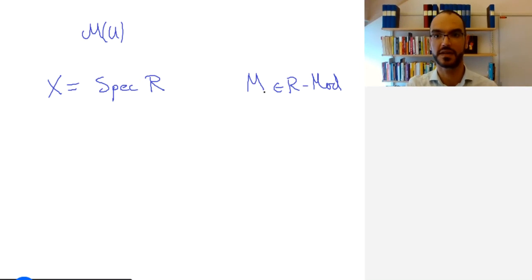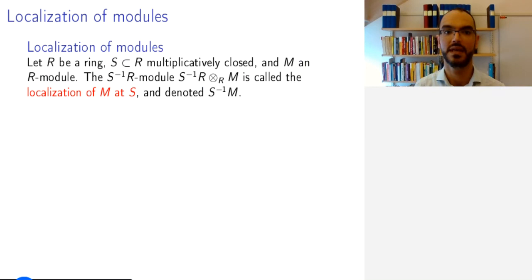So we have seen localizations of rings, and it turns out that modules can be localized in exactly the same way.